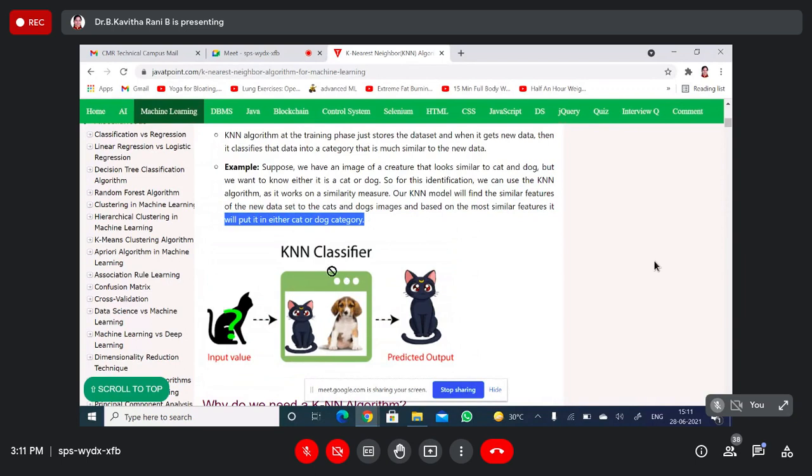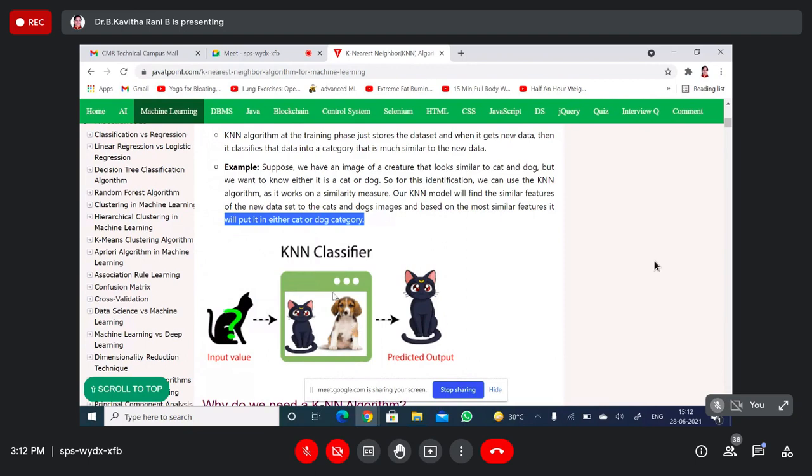So if you see here already, in the KNN classifier we have given some images, cats and dogs images. What did we tell the system? If it is black, with 2 eyes, a tail, a long tail, some features like that, then it is a cat. If it is white, brown, with 2 ears, 2 eyes, a somewhat small tail, then it is a dog.